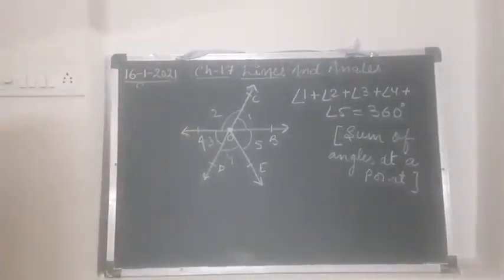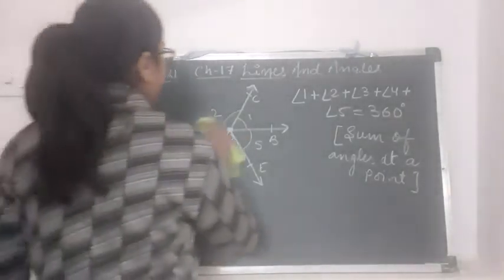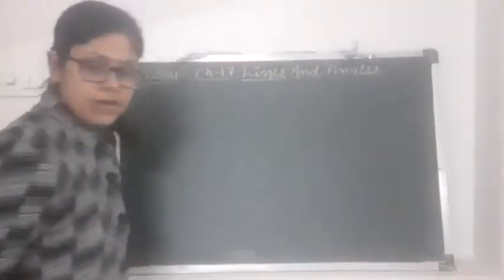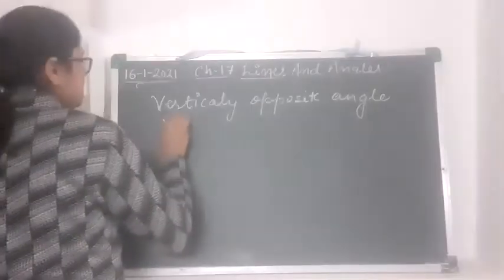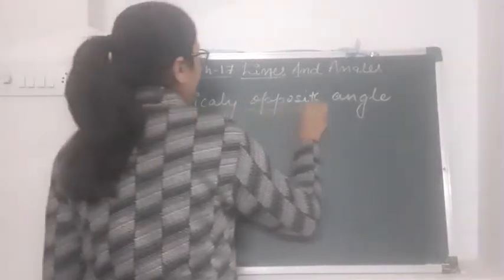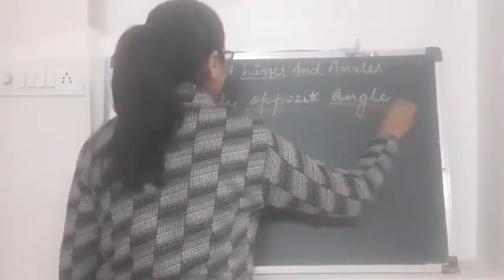Now come to vertically opposite angles, very important. Okay, vertically opposite angles. What do you mean by vertically opposite angles? It will always be known as VOA, vertically opposite angles.